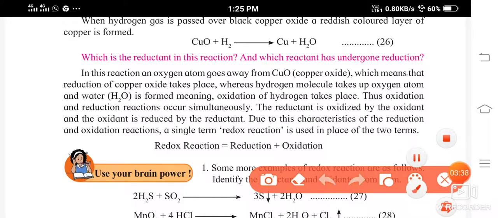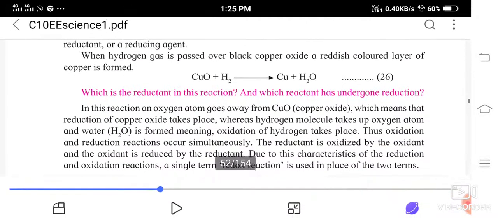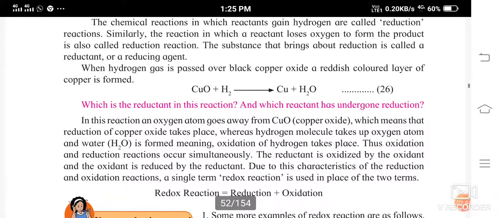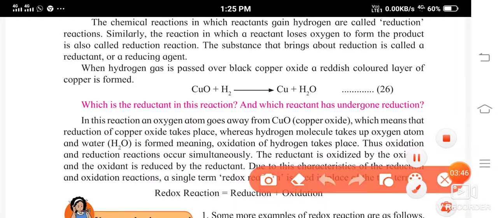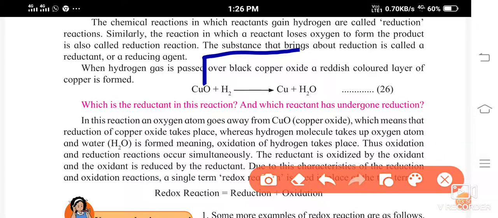Now see, in this case, oxygen has been lost, so this is a reduction reaction, right?